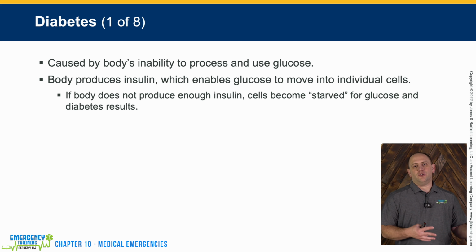So our body produces insulin, which is the key to move glucose into the cells. And if we're unable to move that glucose into the cells, then they become starved for glucose. And that's when we'll start to see diabetes.